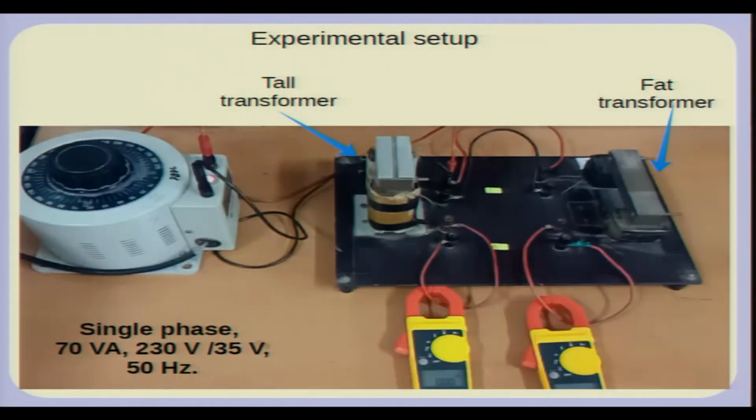Now, how do we represent leakage in a transformer? Remember that the leakage flux is the flux which does not link both coils. Okay. So, transformer action does not take place for the flux which does not link both coils. Some of the flux which does not link both coils is exclusively associated with the current in that particular winding. So, it is like a small self inductance of these windings which does not take part in the transformer action, and a representation of that is shown by series inductances on both sides of a transformer.